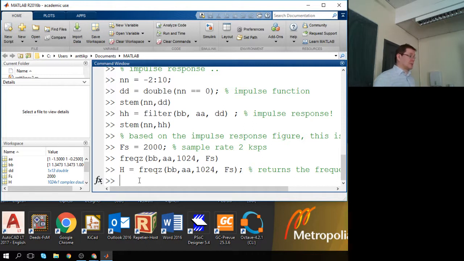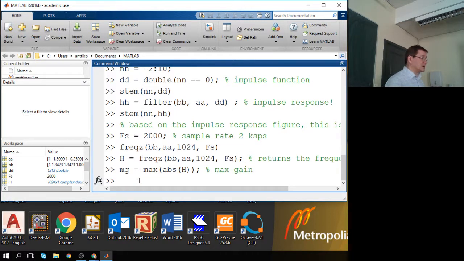And then we can calculate the maximum gain, mg, equals the maximum of the absolute value of h. The absolute value is needed because what is returned is a complex frequency response, not just the amplitude response, but complex values actually. So that's the max gain of the system, mg equals.